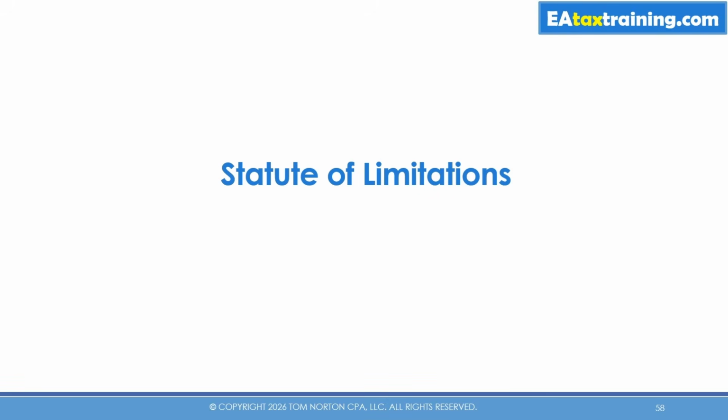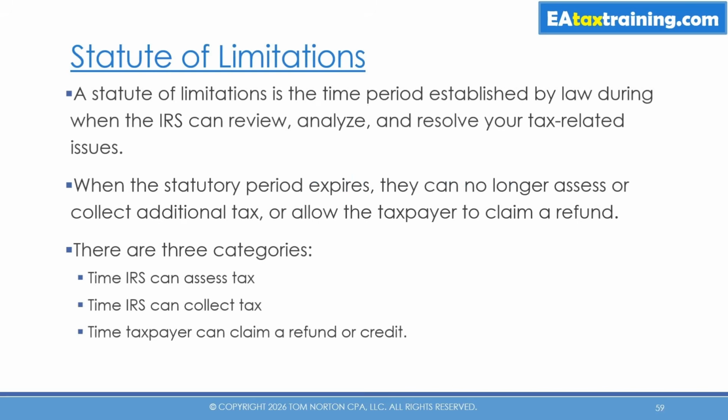Our next topic is the statute of limitations. So a statute of limitations is the time period established by law during which the IRS can review, analyze, and resolve your tax-related issues. When the statutory period expires, the IRS can no longer assess or collect additional tax or allow the taxpayer to claim a refund.